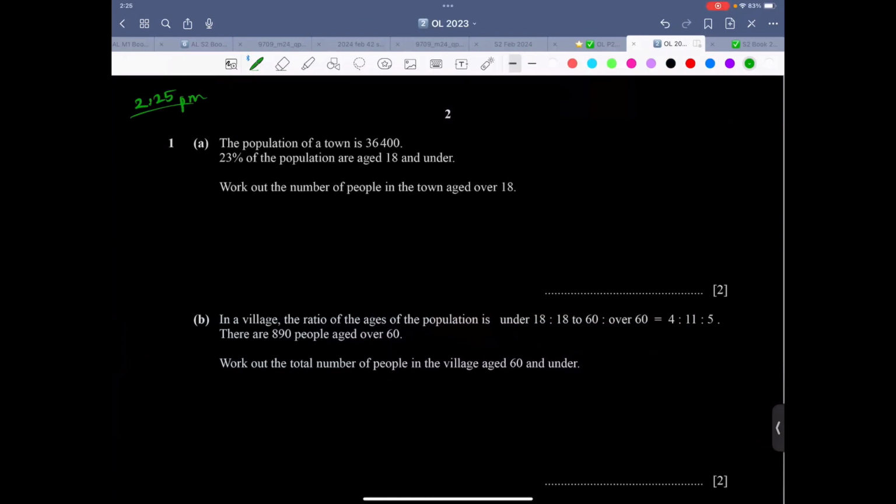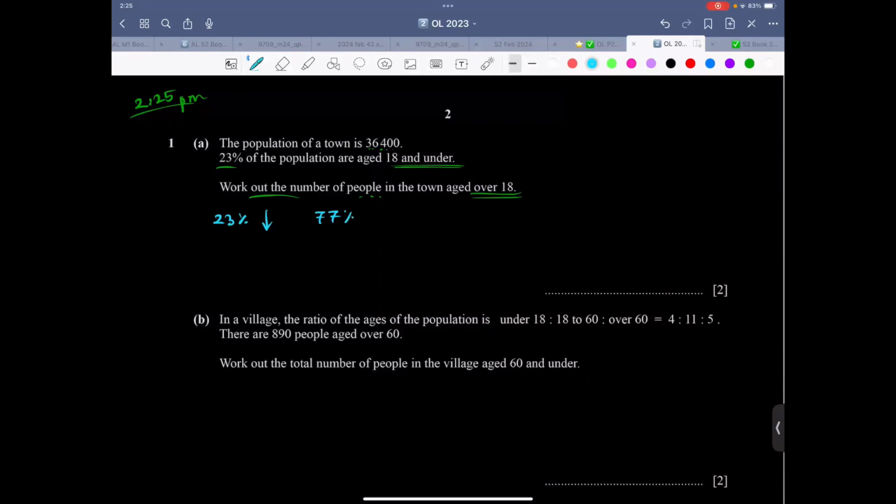The question says the population of a town is 36400. 23% are aged 18 and under. Work out the number of people in the town aged over 18. So basically, there are two categories. That is, 23% are below a certain age.